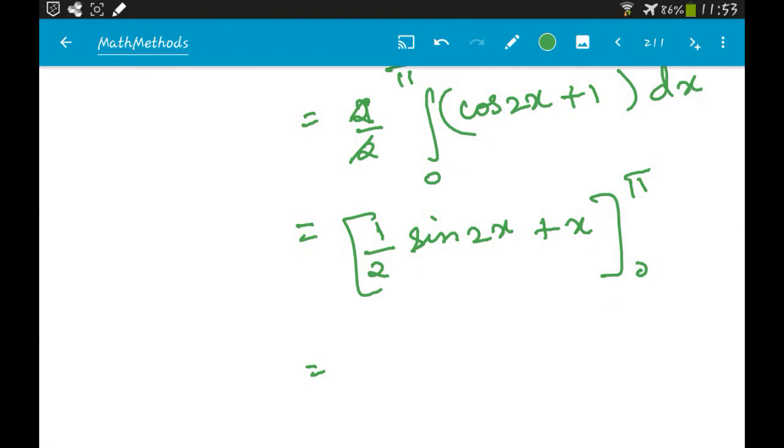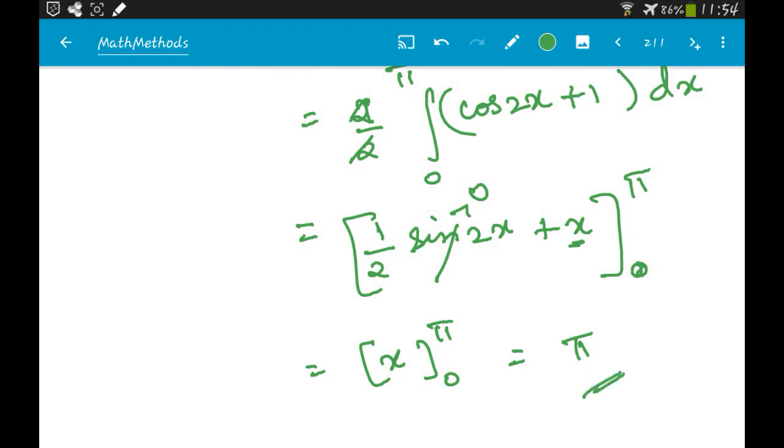So here sine 2 pi is 0 and sine 0 is also 0. So this term becomes 0 and all you're left with is x. So this x goes from 0 to pi. So this is nothing but pi.